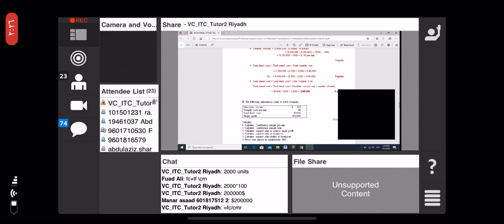So fixed cost 80,000 divided by 40%. You can find the same amount, $200,000. Clear?